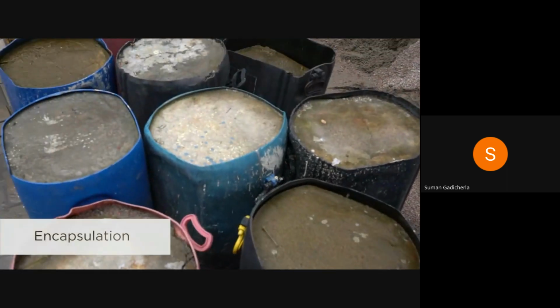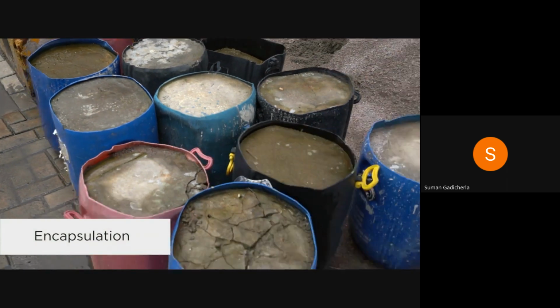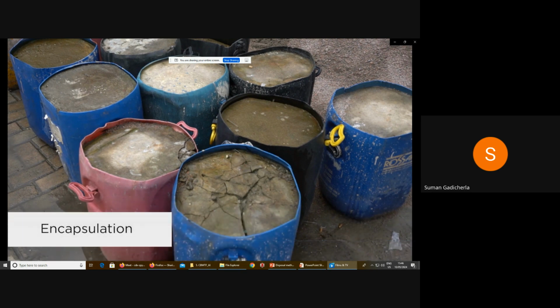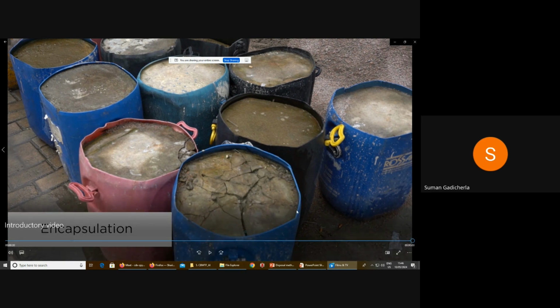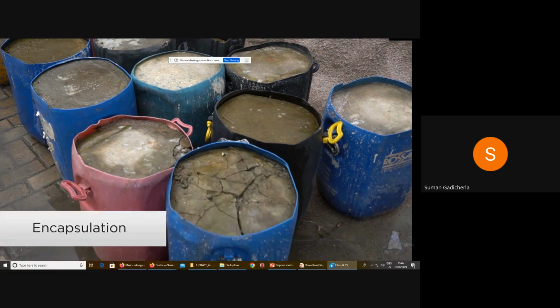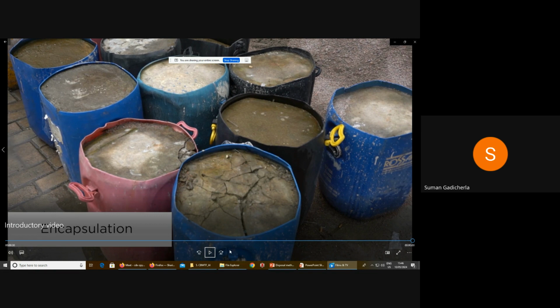And this is the shop where encapsulation happens. These are the different things that we generally have for treatment of waste.